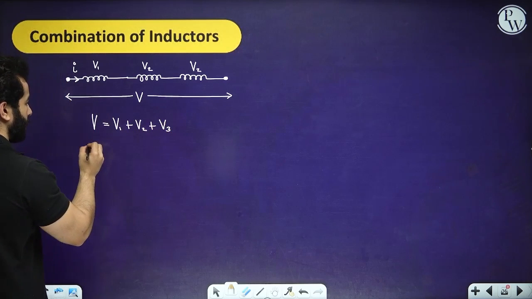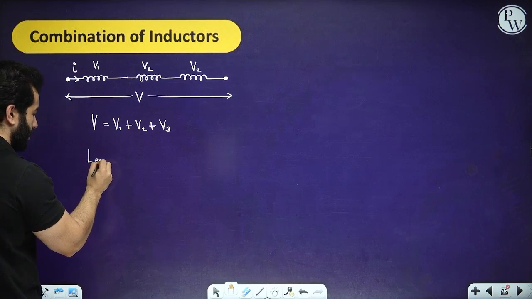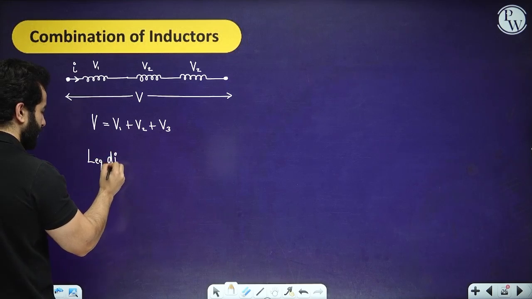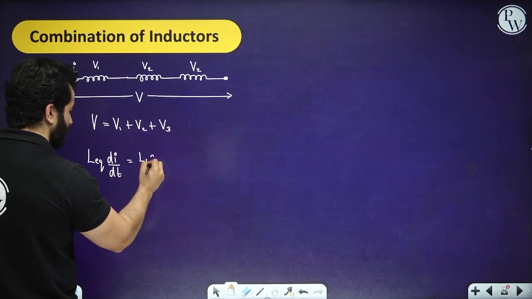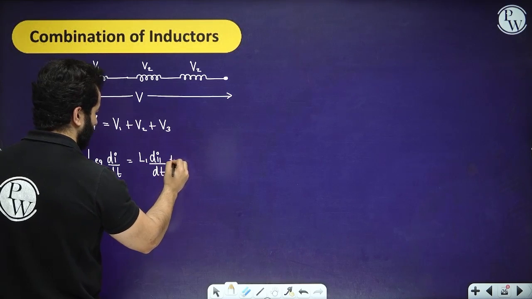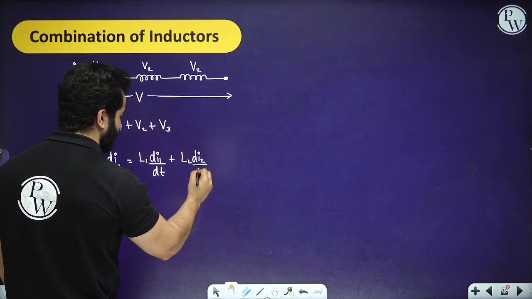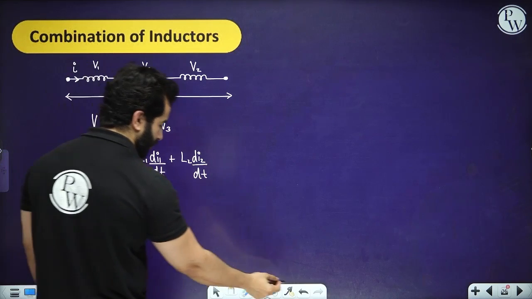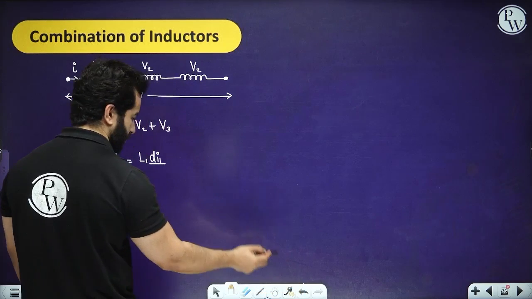That would mean that instead of V I can actually write L equivalent di by dt is equal to L1 di1 by dt plus L2 di2 by dt. Sorry, by the way, the current is the same, so I don't have to write di1 like that.